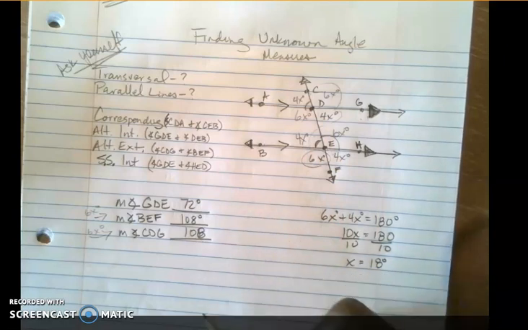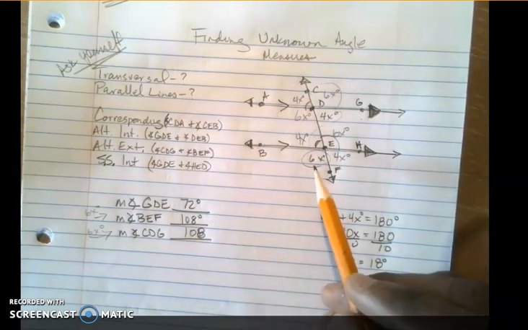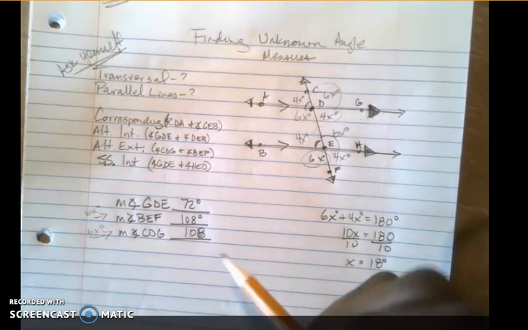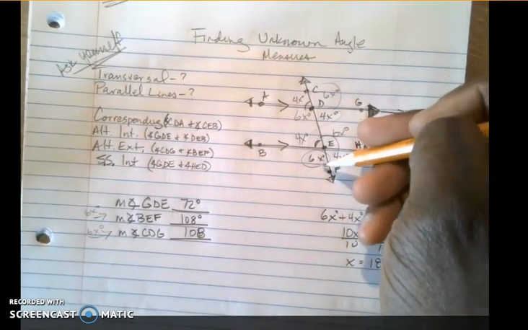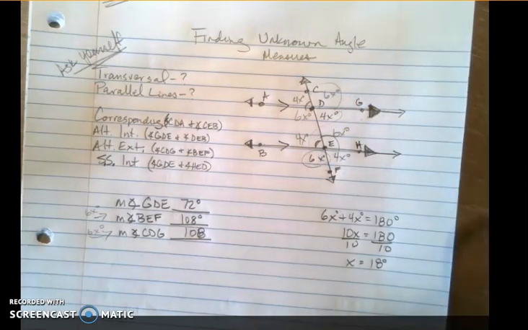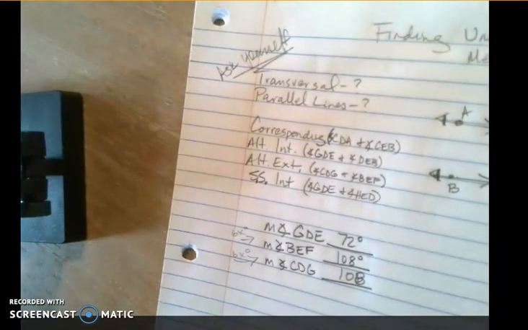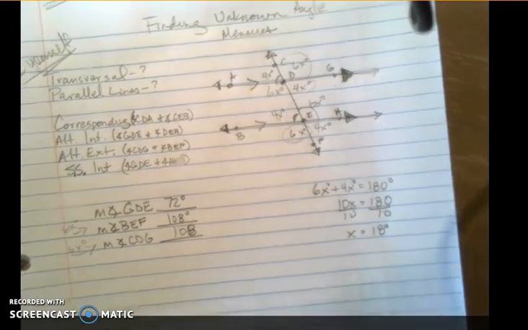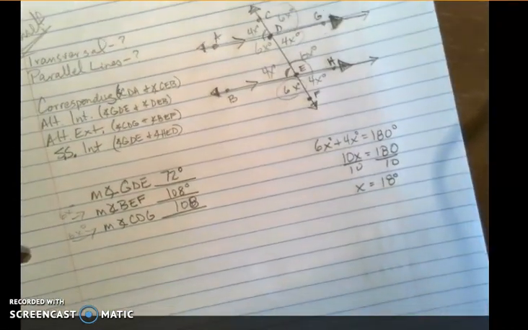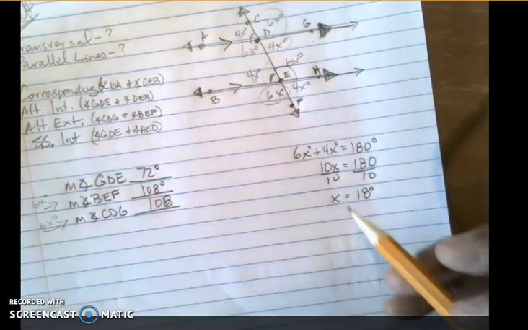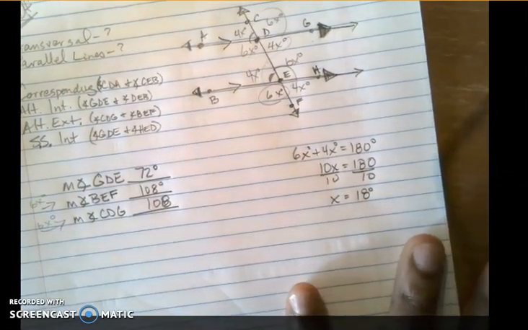I know that, if I had 6x degrees, knowing what I know about supplementary angles, these two angles right here are going to be equal to 180 degrees. So if I were to solve 6x plus 4x, and again, off camera, I went ahead and solved, giving me 10x is equal to 180. Solve for x, giving me 18 degrees.